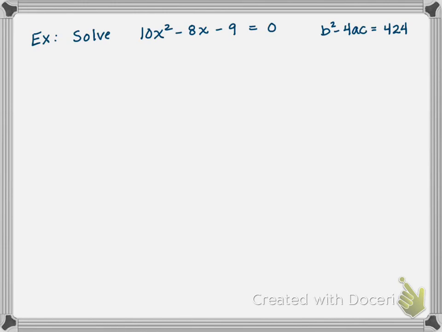If you find yourself making mistakes with the signs on that, the most common mistake is to forget the parentheses around the -8 when you square it. You can avoid that just by dropping the negative. Like 8 squared is the same as -8 squared. So if you just do 8 squared minus 4 times 10 times -9, then you don't have to worry about the parentheses. So then that was not a perfect square, and so we have to use the quadratic formula.